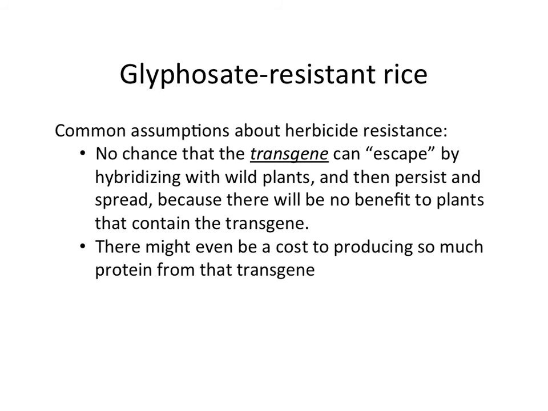Through hybridization, because these are the same species, just different cultivars, strains, what happens if the transgene, the gene that was inserted to make the rice resist glyphosate, escapes into the wild populations through plants naturally breeding with each other in the wild? So then you make all the weedy rice eventually resistant to the herbicide.